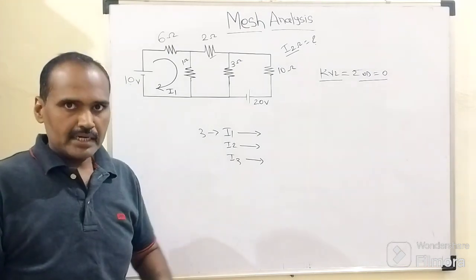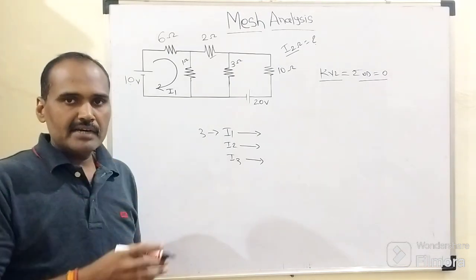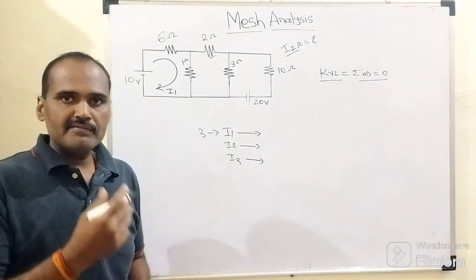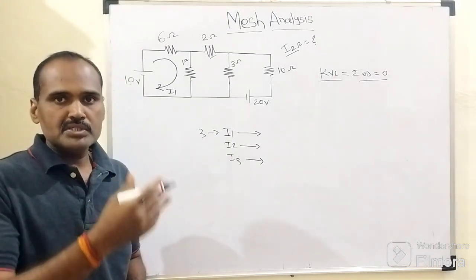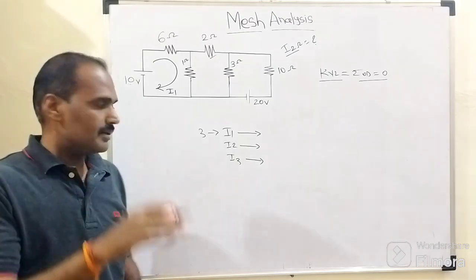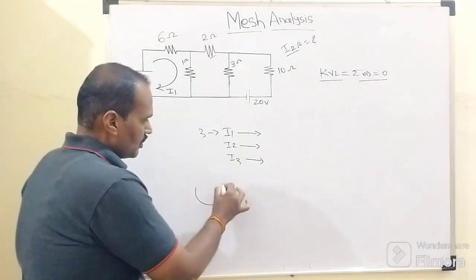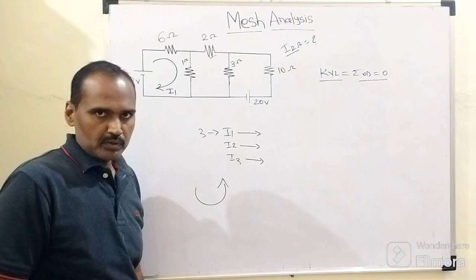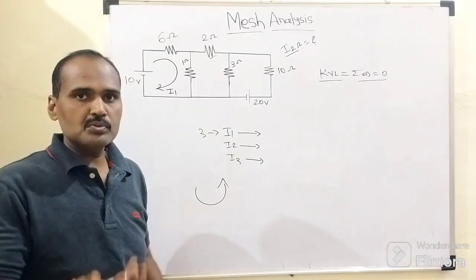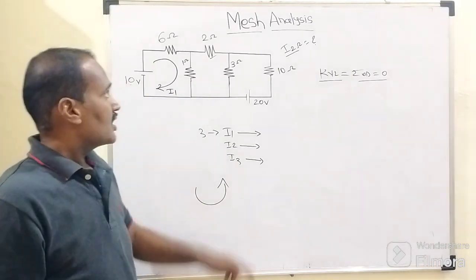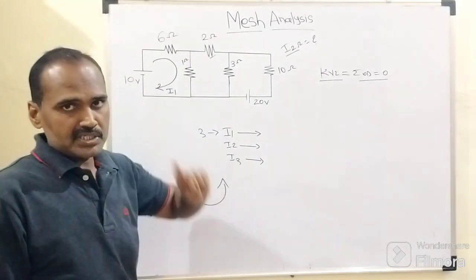It is very convenient to assume that if there are three meshes, all the fundamental currents flow in the clockwise direction, or all flow in the anti-clockwise direction. This reduces the further complexity of the circuitry in order to decide the desired branch current flowing through this 2 ohm resistor.